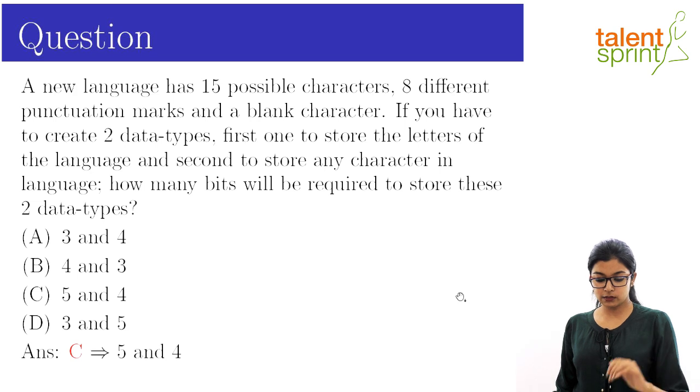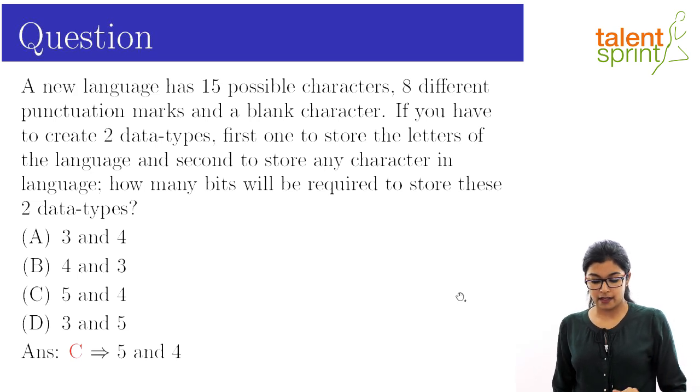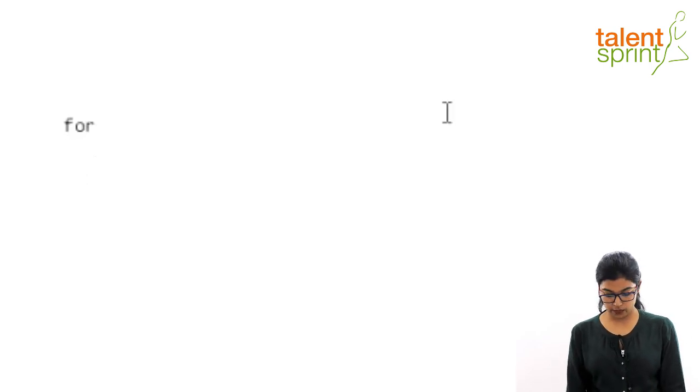Now before we close this session, I want to give you a very interesting question that I think you should be able to answer. Okay? So let's see. This is a C question.